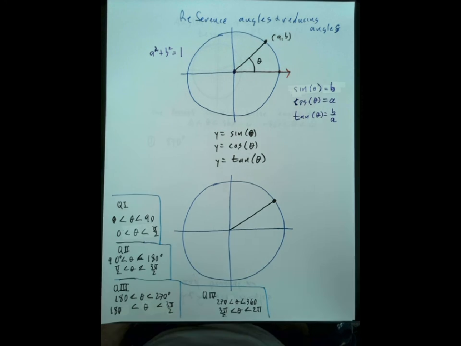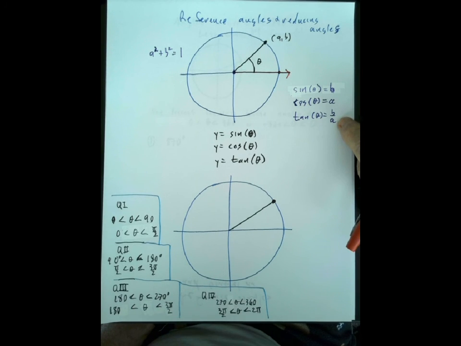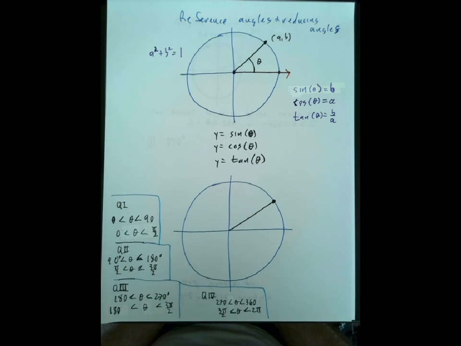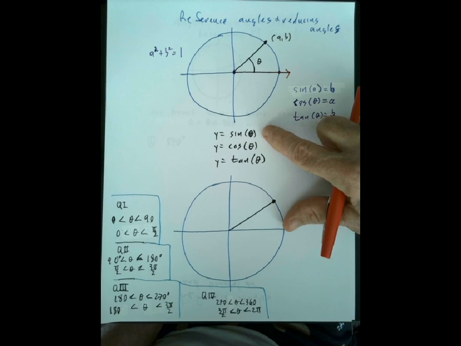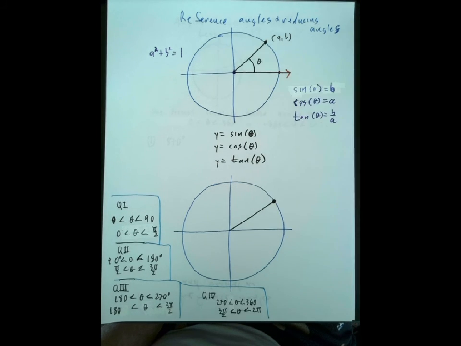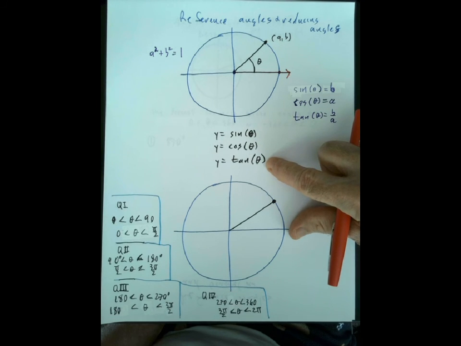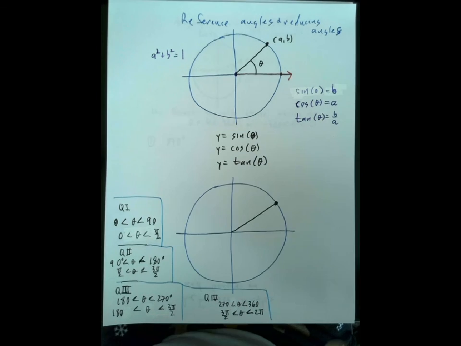In terms of the sine, cosine, and tangent functions, the angle is the input, and the A or the B or the B over A is the output. So in trig function format, they're written out like this.